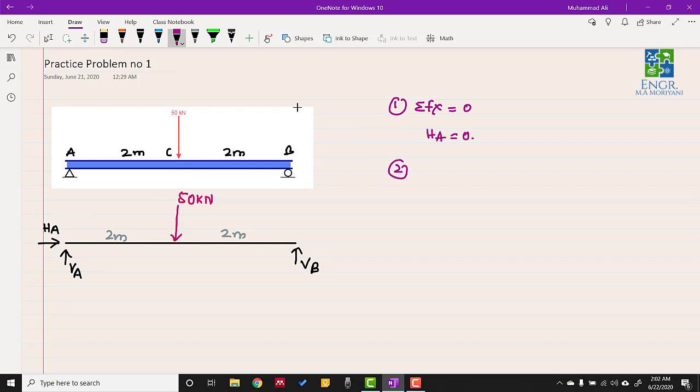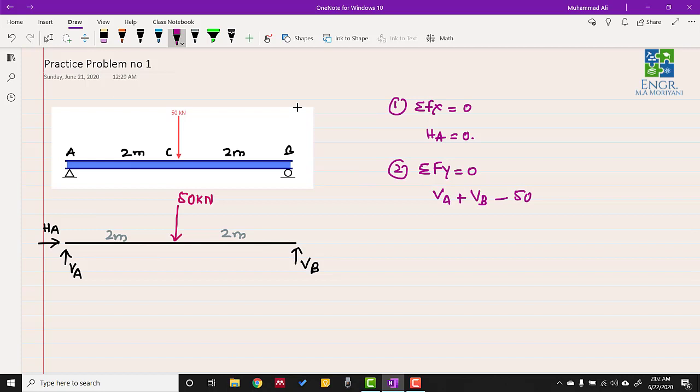The second condition of equilibrium is that the sum of all forces in the y direction is equal to 0, and we have three forces in the y direction: VA, VB, and 50 kilonewton. The point to note is that VA and VB point upward, while 50 kilonewton points downward. So VA and VB will be positive because they point upward, while 50 kilonewton will be negative because it points downward.